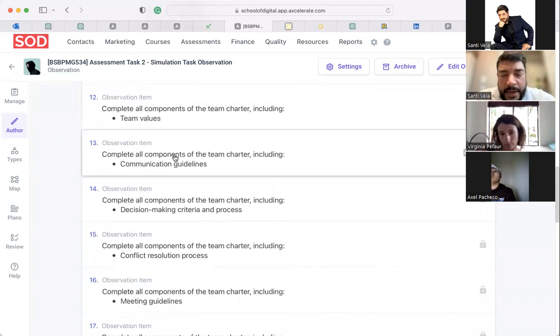All right, question number 12. We need to talk a little bit about the team values that are important for you as a project manager. What team values do you expect your team to display while they are working on the project? What is important to you as a project manager that they display as values?